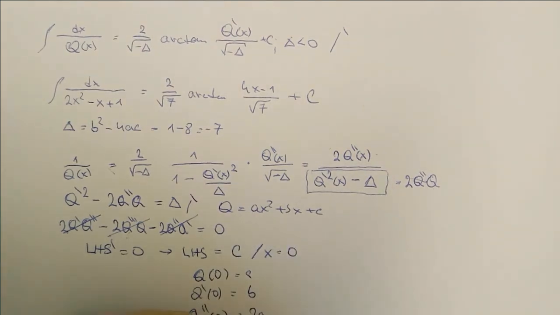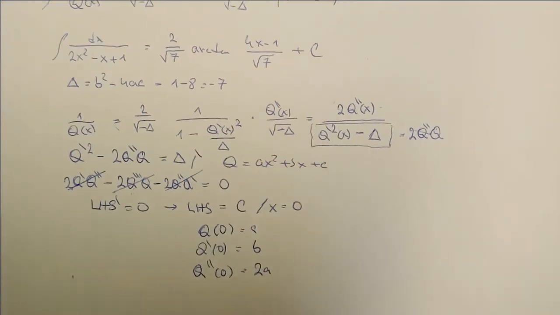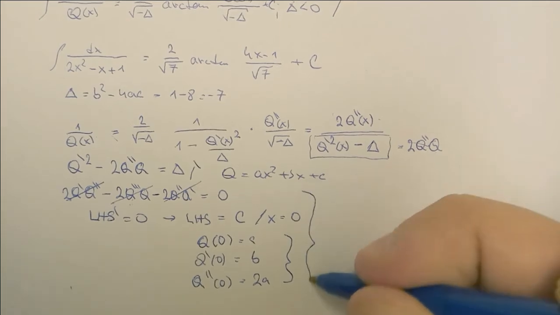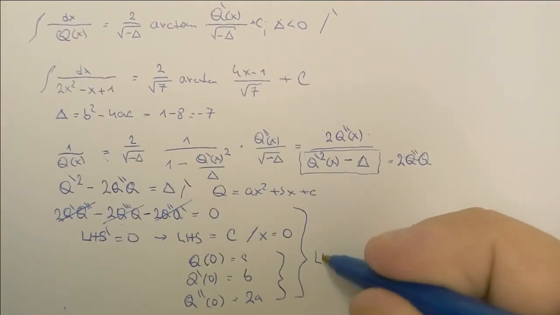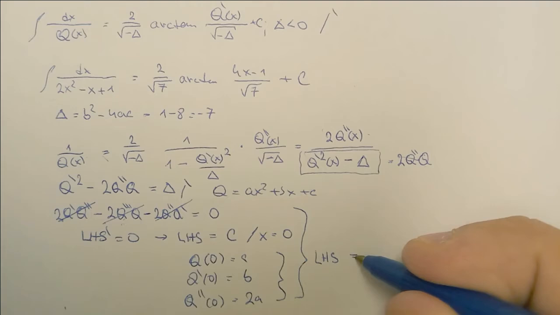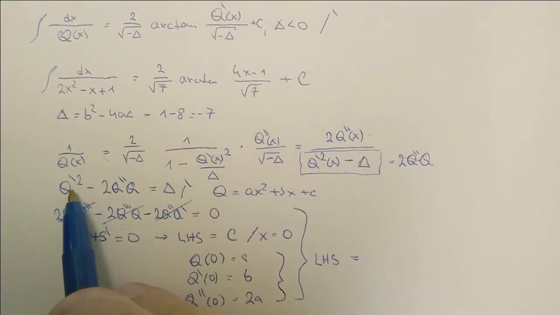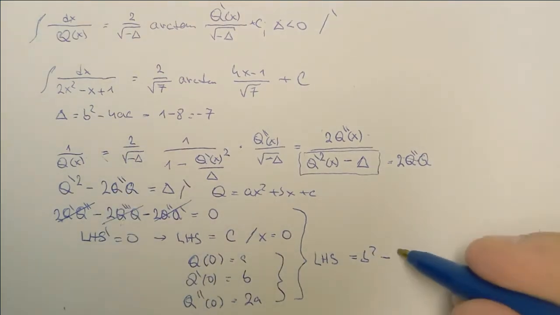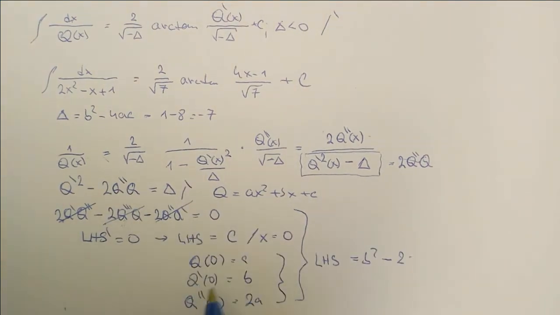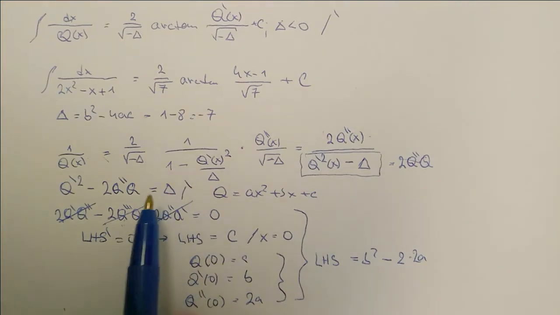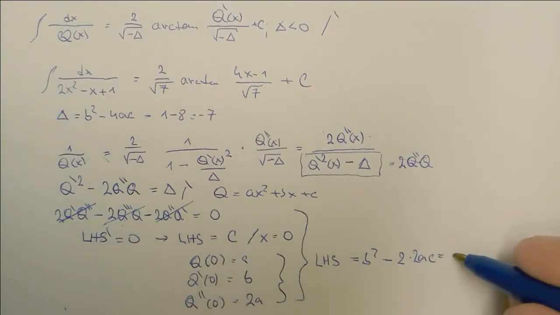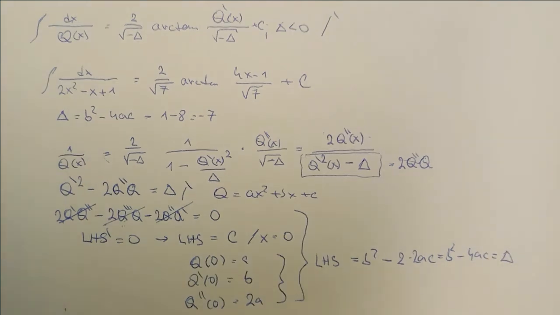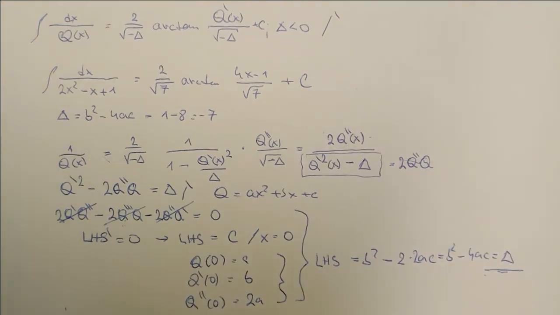So the left hand side is therefore equal to q prime squared, which is b squared, minus 2 times q double prime at 0, times q at 0, which is c. So it's b squared minus 4ac, which is delta. So we have proven the formula.